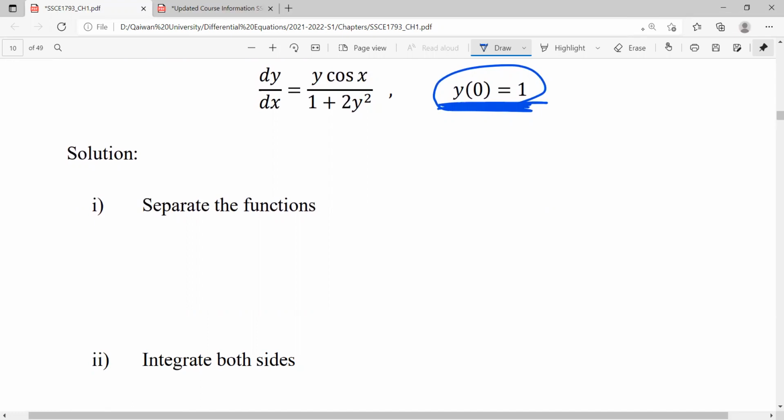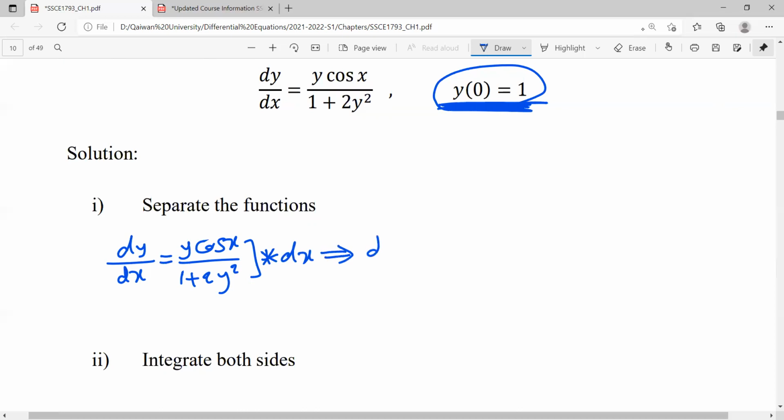We have dy over dx equals y cos x divided by 1 plus 2y squared. First, we multiply both sides by dx, and we get dy equals y cos x divided by 1 plus 2y squared dx.